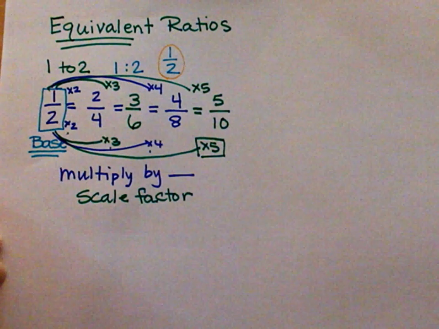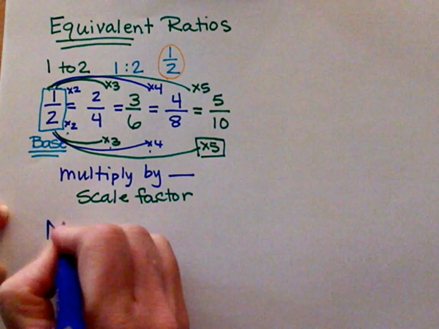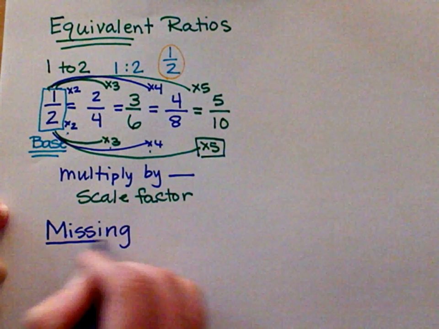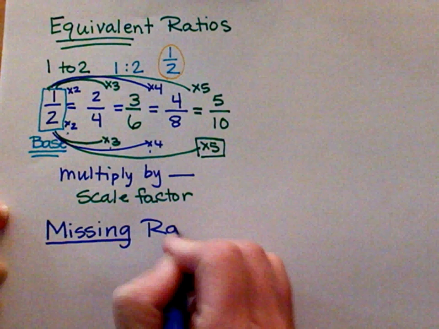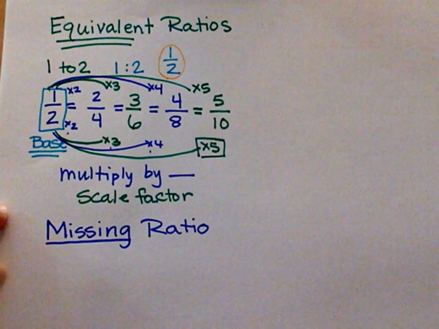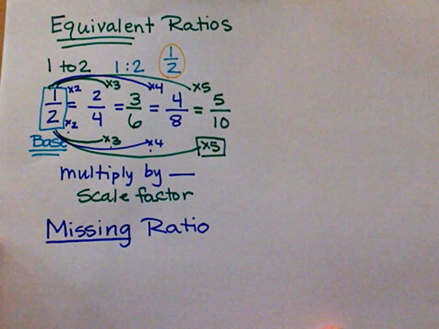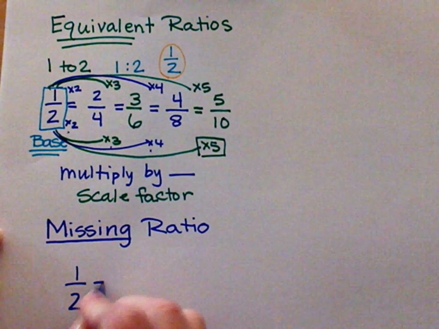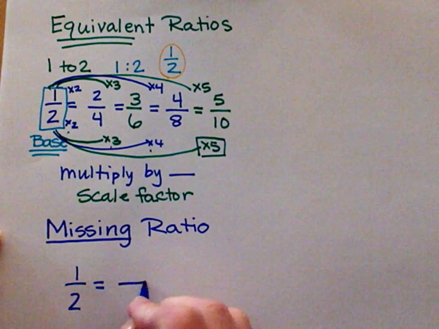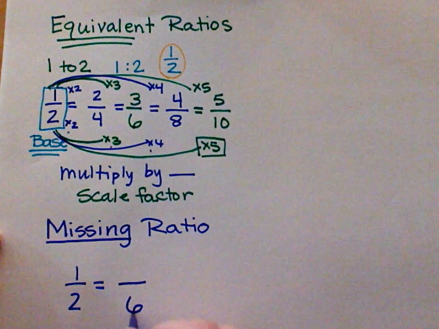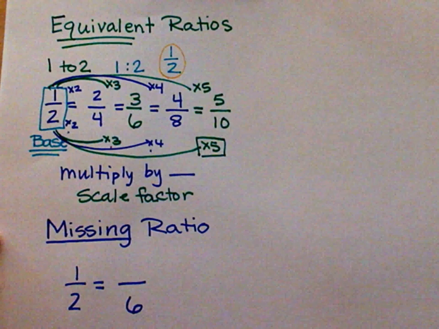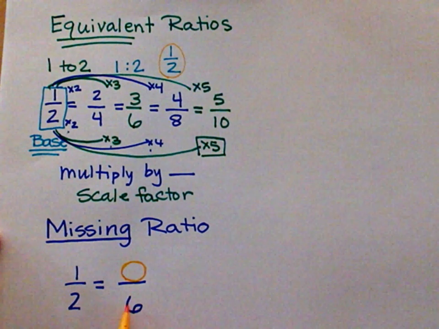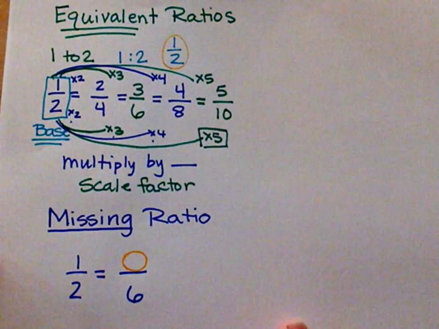So let's talk briefly about missing ratios and how we can find the equivalent to that missing ratio. It's like setting up an equivalent fraction. I could have 1 to 2, and I know that it's equal to something out of 6. I am just looking for what this top number would be to make it an equal or true statement.